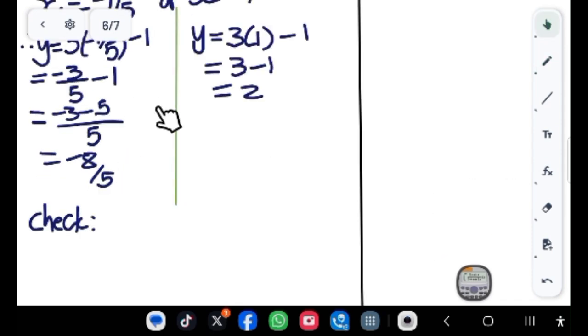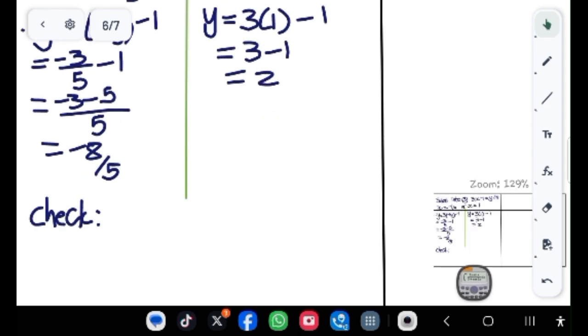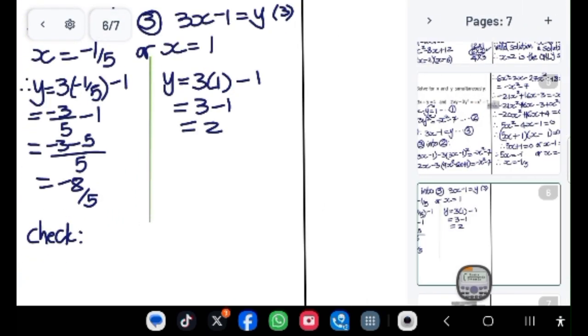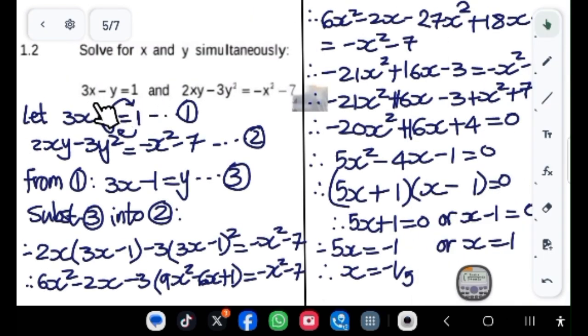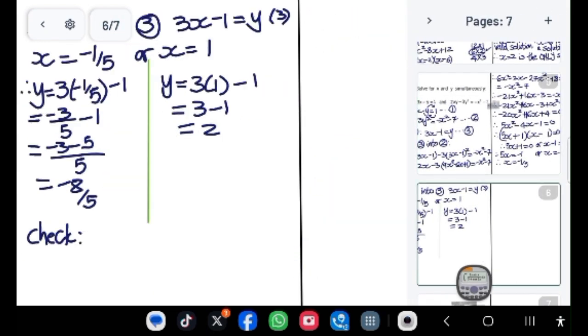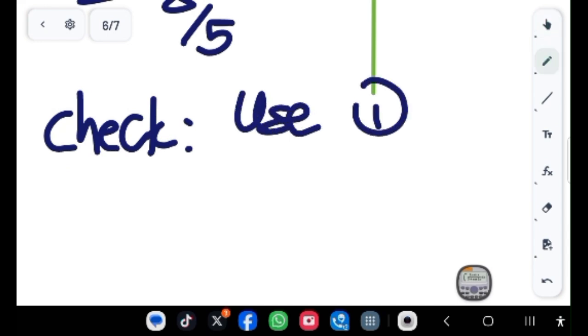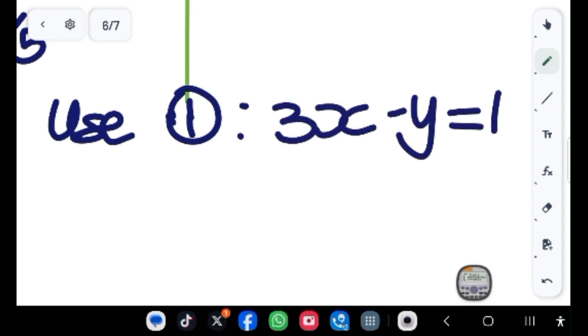We're going to use equation 1 to check x equals negative 1 over 5, which gives us y equals negative 8 over 5. Equation 1 is 3x minus y equals 1.